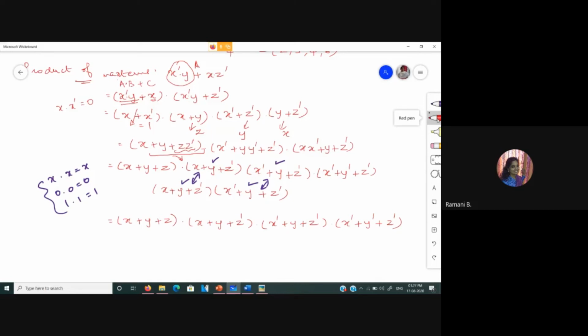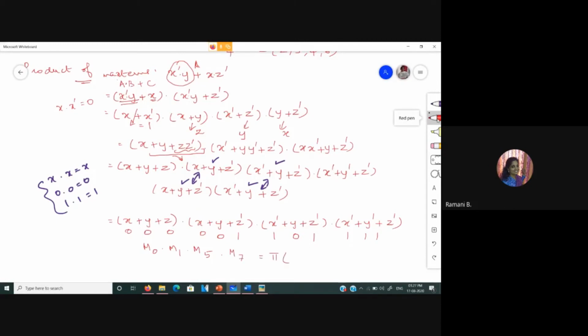So the corresponding max terms. In case of max terms, the unprimed variables are 0. So this is 0, 0, 0, so this is M0. 0, 0, 1, so M1. 1, 0, 1, so M5, and 1, 1, 1, so M7.